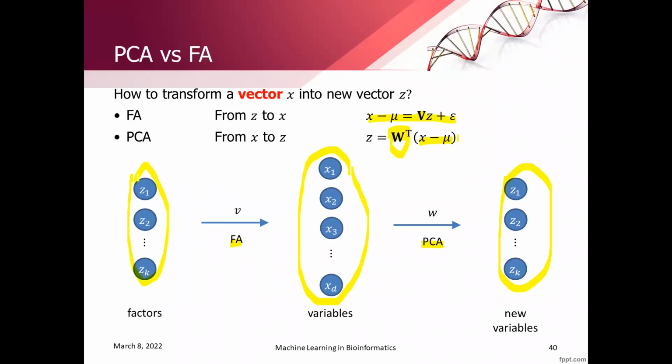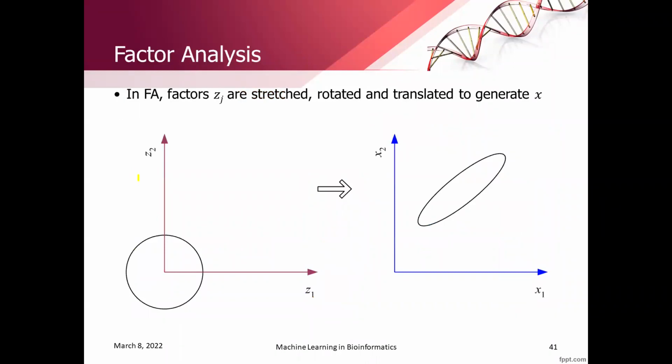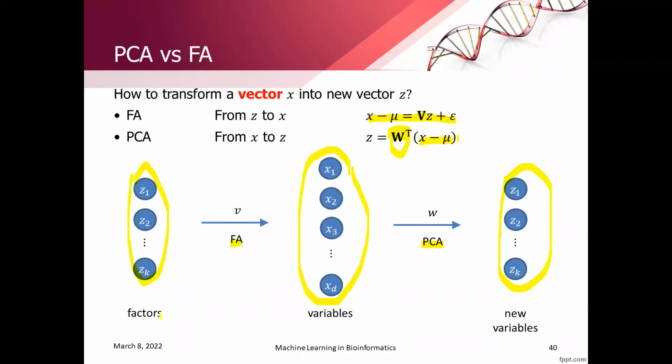In both cases, the transformation is actually linear. In factor analysis, we take some data which are almost normalized, with mean 0, and they are independent.